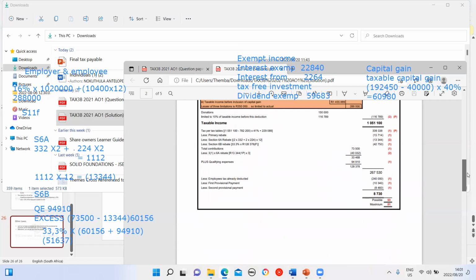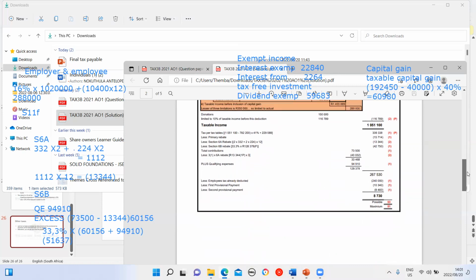Just this 6B. I don't know if I'm tired or not, because it is supposed to be the excess. Yes, the excess I got it wrong. That's the only thing I got wrong.